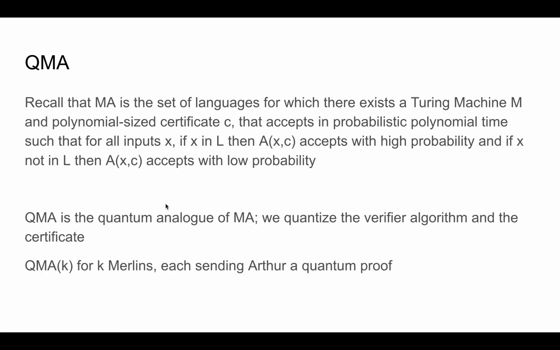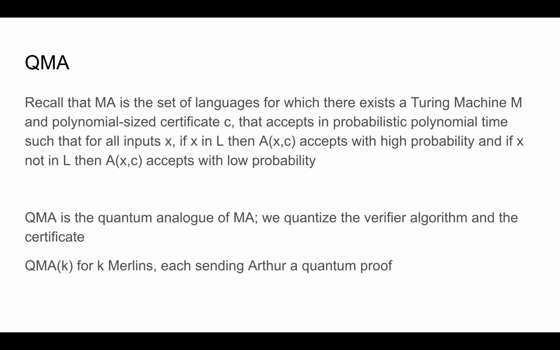So QMA is the quantum analog of MA. We can just quantize the verifier algorithm and certificate. In MA, the verifier you can think of as a BPP machine, because it uses BPP algorithms.